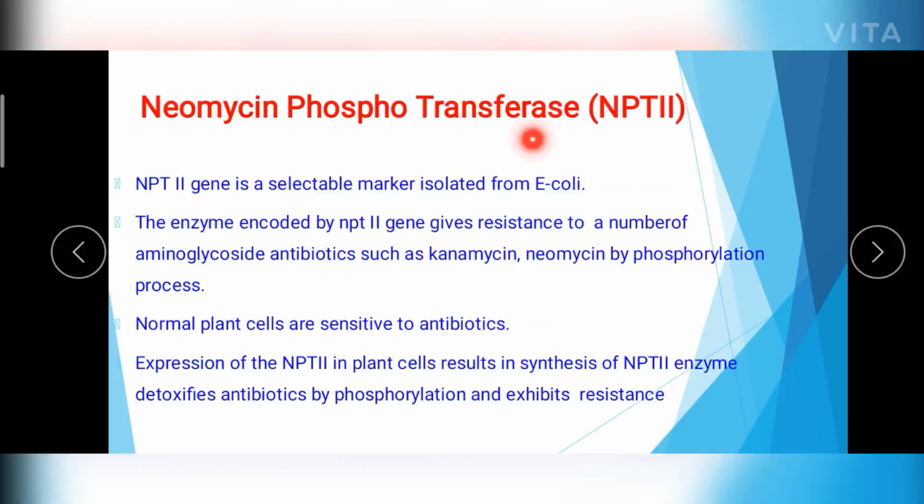The first one is the antibiotic resistant gene, neomycin phosphotransferase NPT2 gene. This is the selectable marker which is isolated from E. coli bacteria, and this enzyme encodes resistance to aminoglycoside antibiotics such as kanamycin, neomycin, and the normal plant cells are sensitive to these antibiotics, whereas the recombinant transformed cells are resistant towards these antibiotics.